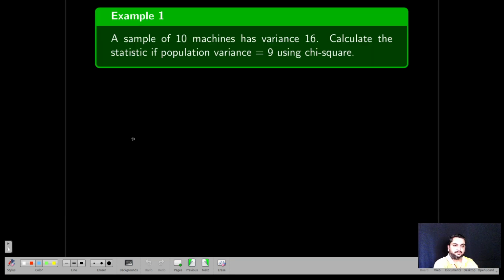Let us see an example. A sample of 10 machines, so n equal to 10, has a variance. What is the variance? s square is equal to 16. Calculate the statistic if the population variance sigma square is equal to 9 using the chi-square test.